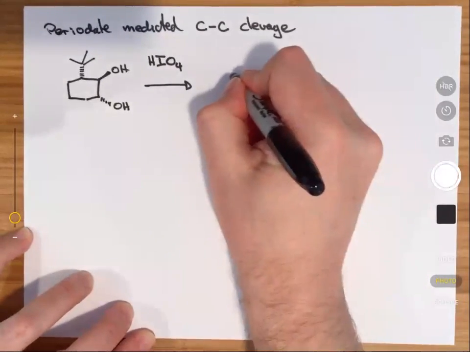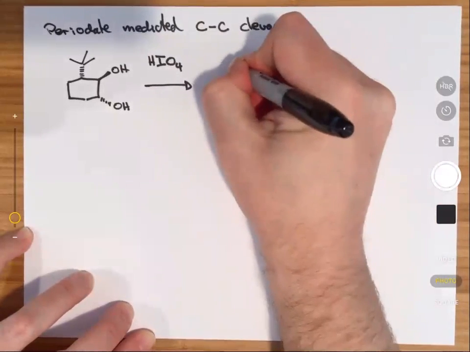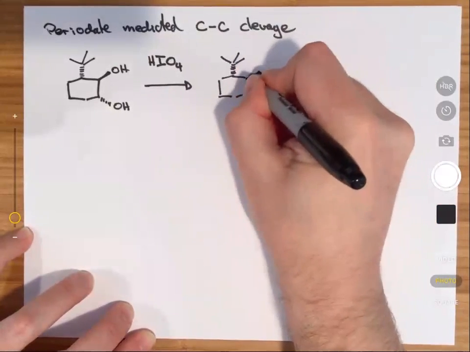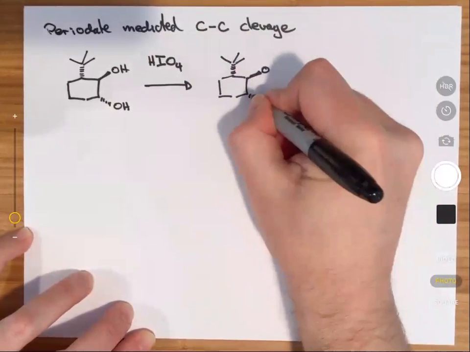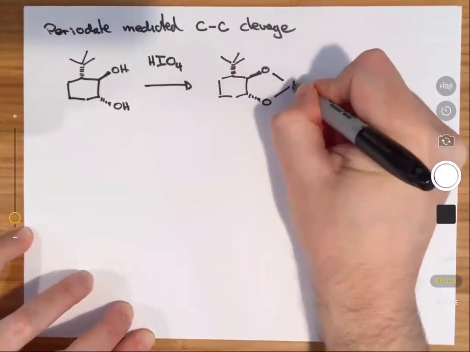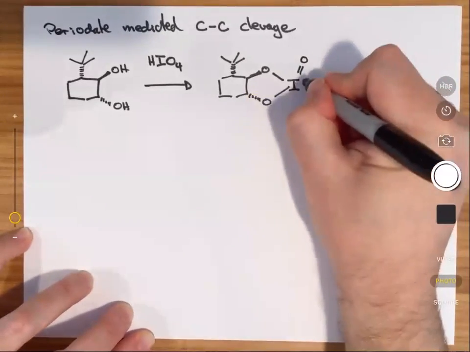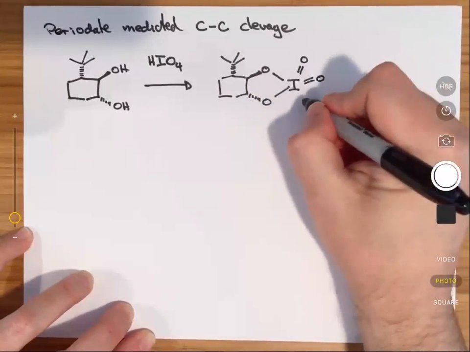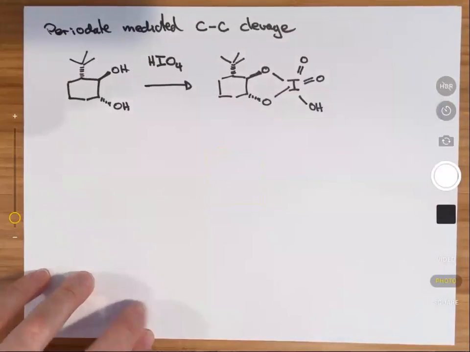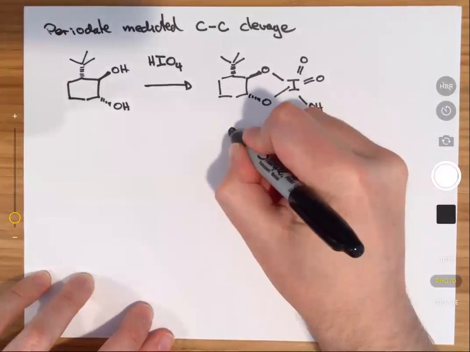But what you generate is essentially an inorganic ester of this. How did we have the stereochemistry here? Okay, so O, and then O, and then you have your iodine here, and then you still have O and one OH over here. And this is essentially, we call this a periodate ester.